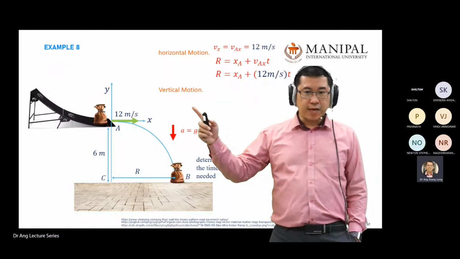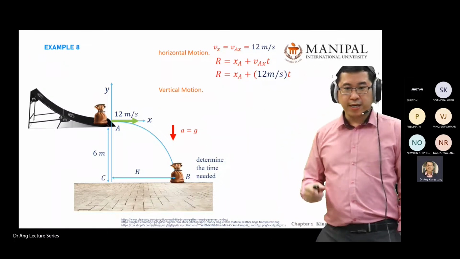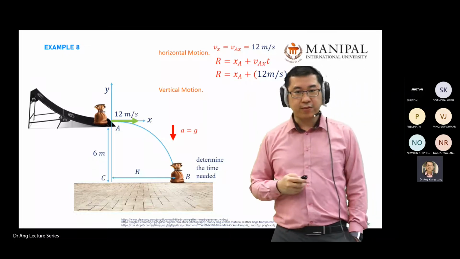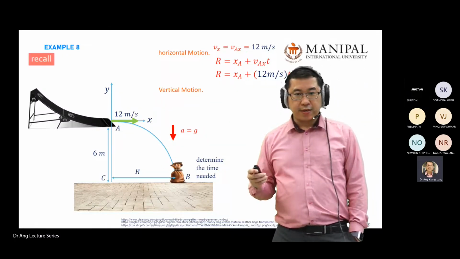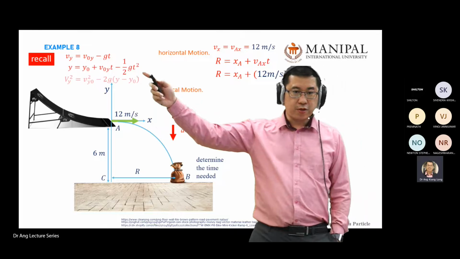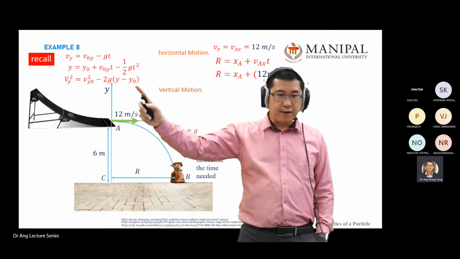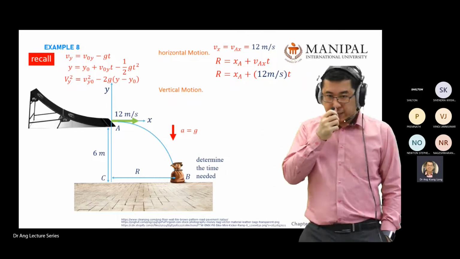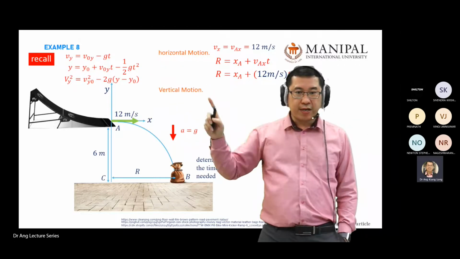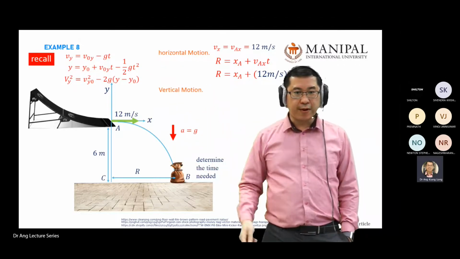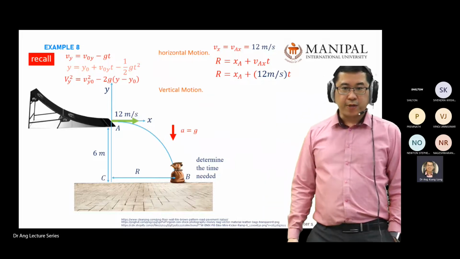Next, we look at vertical motion. Again, there will be another 3 equations. Recall the 3 equations that we derived: Vy, y, and Vy squared. You look at each one and apply it to this diagram.